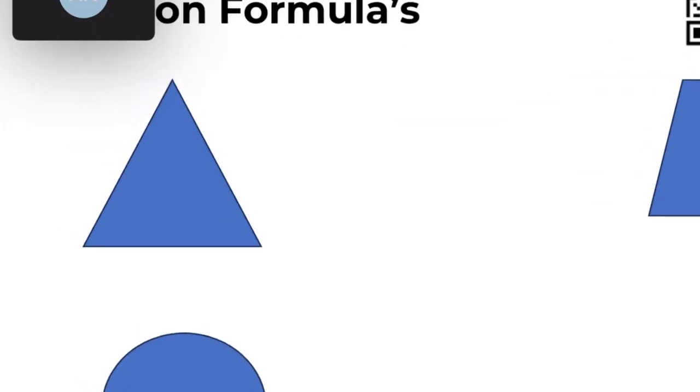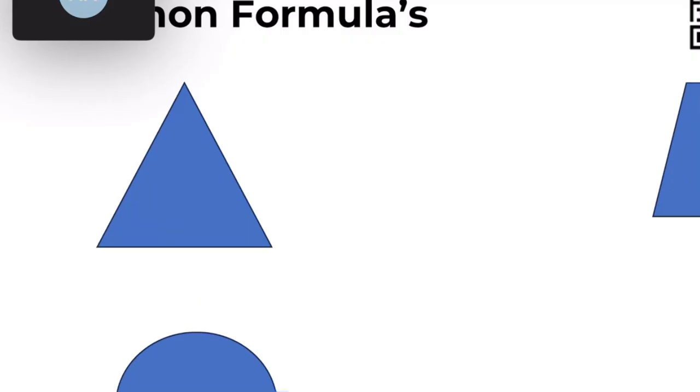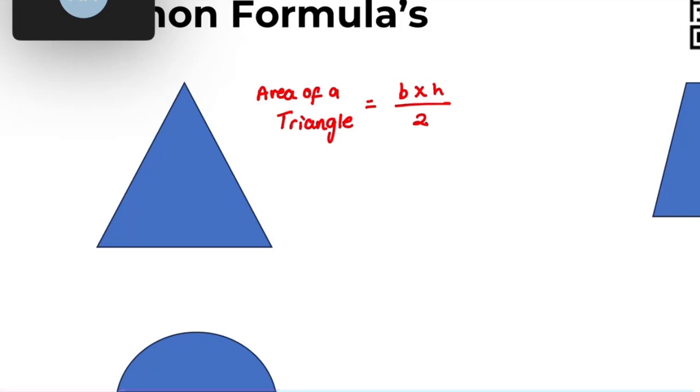So first of all, if we start off with the triangle, to work out the area of a triangle, all you're going to do is base times height divided by 2. And if I label that on this diagram, the base is just the bottom line. This is your base.